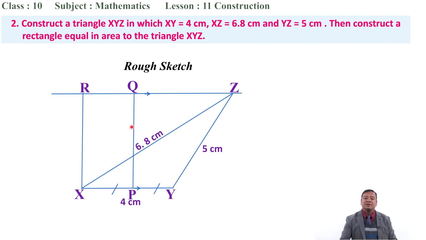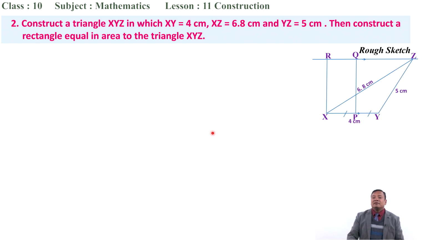Then here also the area of rectangle RSPQ will always be equal to the area of triangle XYZ, because this rectangle is on half base of the triangle, yes, as in the previous one. And there we constructed a parallelogram whose area is equal to the area of the triangle, yes, in the same way.